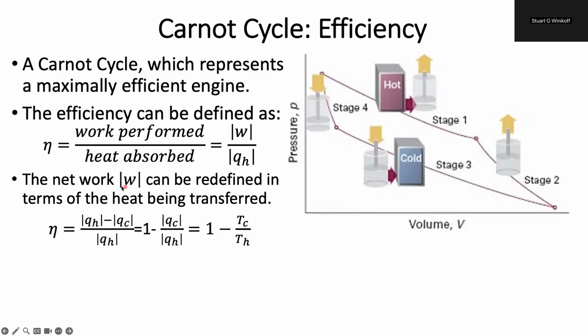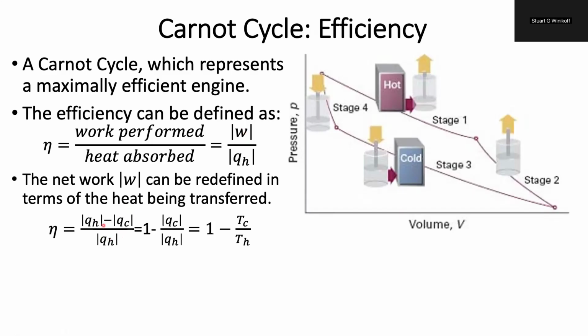Now we can define our net work. So again, the amount of work I get out of the system, ignoring any work I had to put in, is simply going to be related to that difference in heats. So again, it's going to be how much heat I put into the system minus how much heat I got out. Anything that didn't leave as heat left as work. So we still have more or less work over heat. Now what we can do is distribute the denominator.